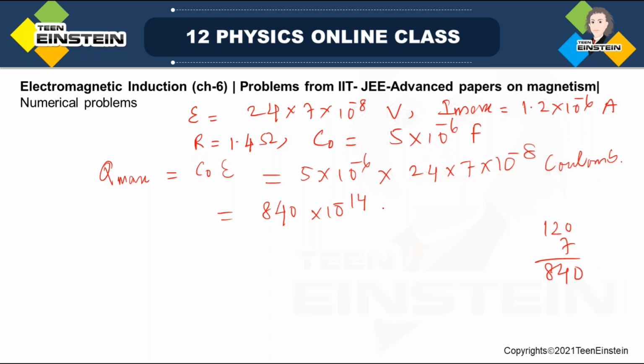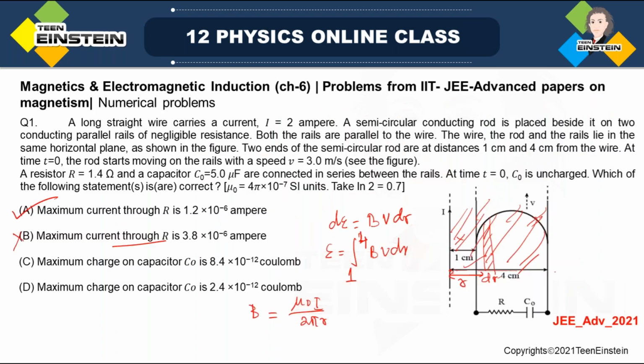So it is in coulomb. So 8.4 into 10 to the power minus 12 coulomb. Okay, I hope it is all right. Yes, so option C is the correct answer for this question, and D is not the correct option. Okay, so this is how we have to solve the problem.